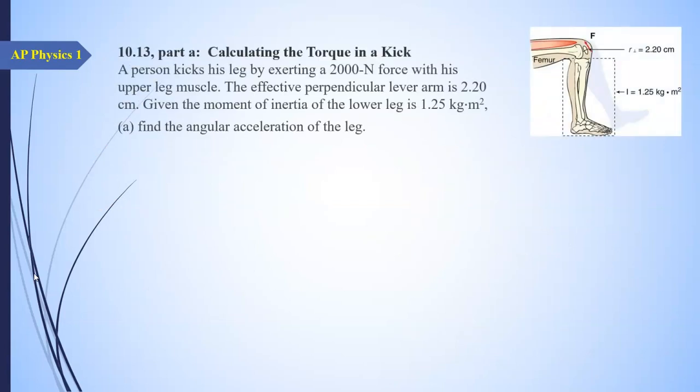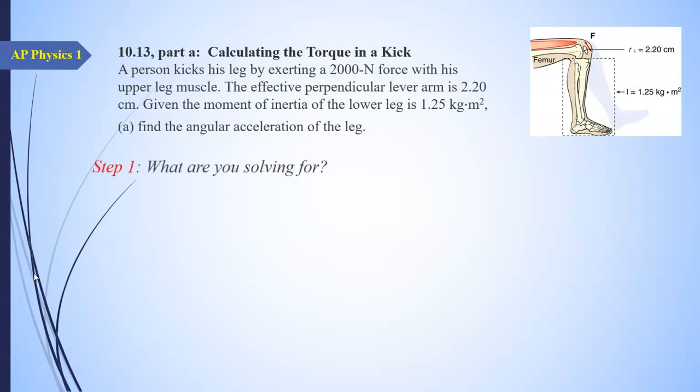Okay, now a person kicks his leg by exerting 2,000 newtons of force with his upper leg muscle. The effective perpendicular lever arm is 2.2 centimeters. So that basically means his knee is 2.2 centimeters. Given the moment of inertia of the lower leg is 1.2 kilogram meters squared, find the angular acceleration of the leg.